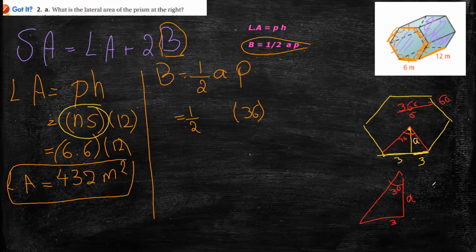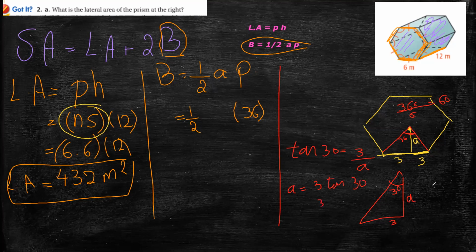Here, I have opposite over adjacent. So what do I have to use? You have to use tan. Tan, thank you. Tan 30 is equal to 3 over adjacent A. So A will be 3 over tan 30.